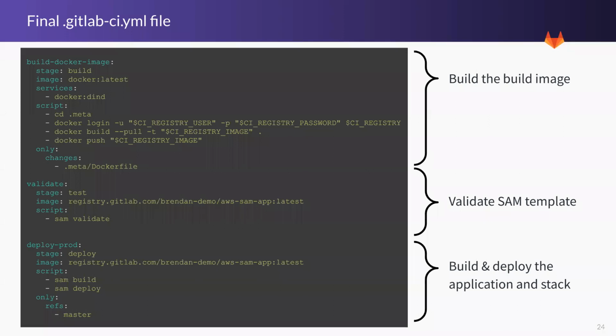I only need to do it if someone changes that Docker file because maybe I forgot something, or we add a new dependency, right? Maybe someone wants to write a Java function next to my Node.js functions, and so we need to add the ability for them to build that. And so that's how I've said, don't build the image every time, but only build a new latest build image when my Docker file changes.